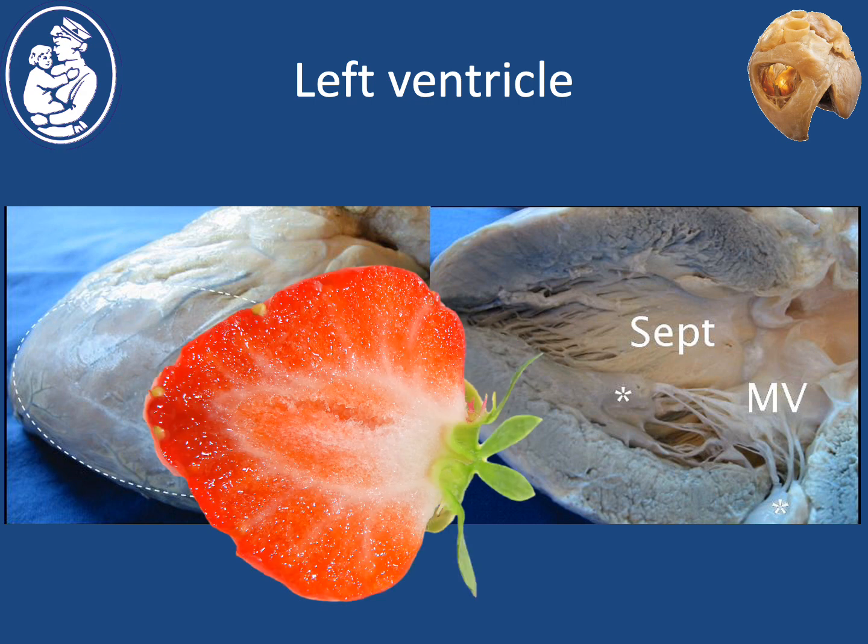Some have likened the shape of the left ventricle to a cut strawberry, with the white interior of the strawberry representing the cavity of the left ventricle and the red outside the myocardium.